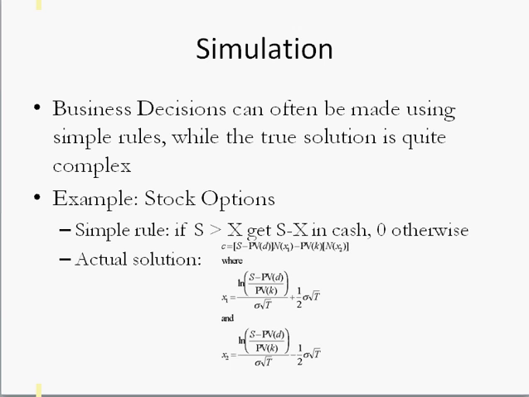This is actually a very simple rule, and for any randomly selected stock price, you actually can get a nice conclusive determination of value. Where it gets difficult is when you try to find the value of the stock option at some time previous to expiration, because you have a chance it's going to be worth a lot, and a chance that it's worth nothing. There is a solution to this problem that's listed on the slide.